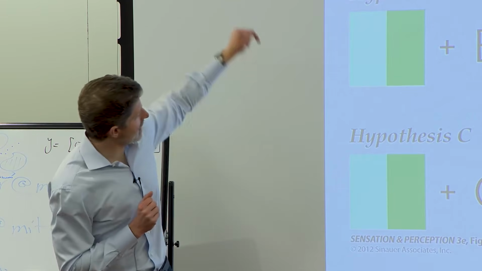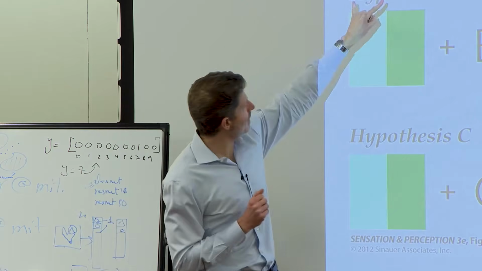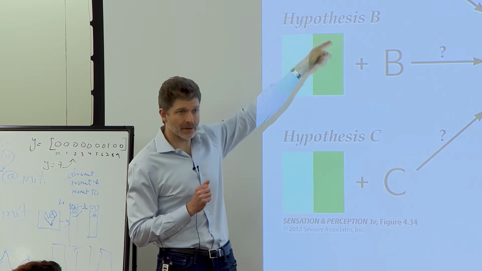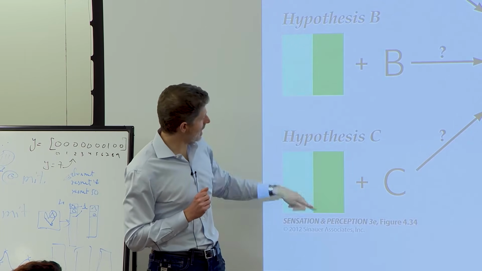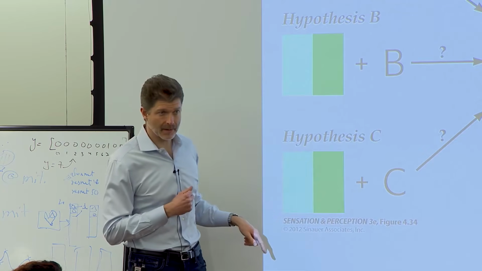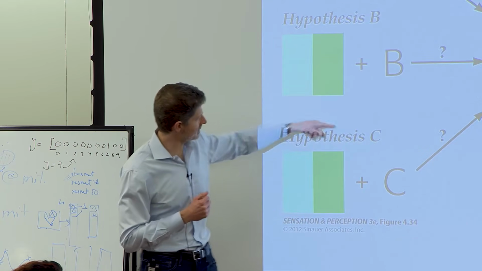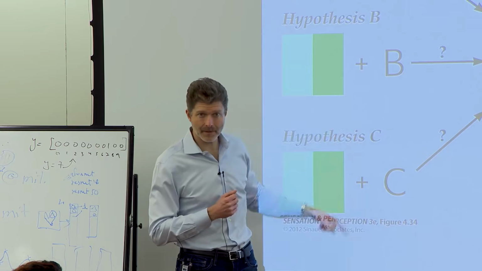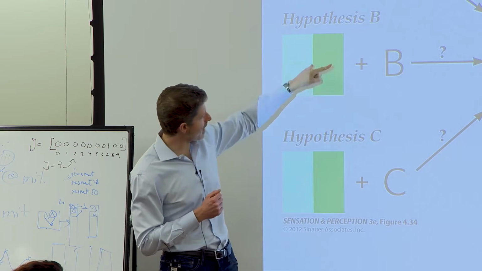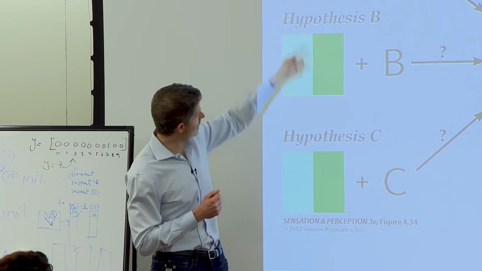And so the idea in this simple example is that this hypothesis is a priori not very likely because objects like this tend not to occur in the world. Whereas these two hypotheses have fairly high prior probability, right? This is just sort of a reasonable looking surface, and then the world has lots of letters in it, okay? All right, so the idea in this contrived example is that the prior is high for these two and low for that one.